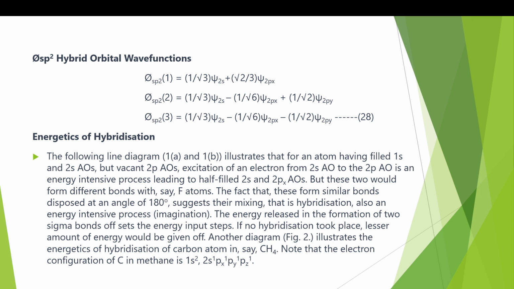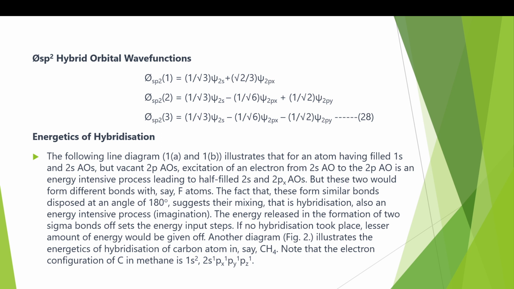But these two would form different bonds with say F atoms. The fact that these form similar bonds disposed at an angle of 180 degrees suggests their mixing before bond formation. That is hybridization, also known as energy redistribution.